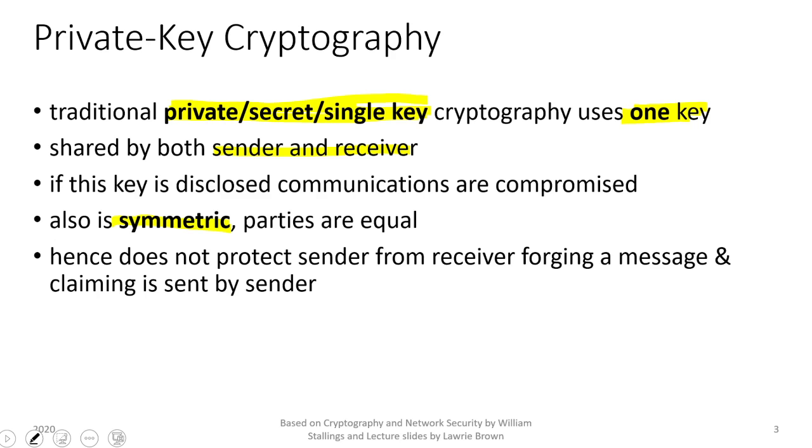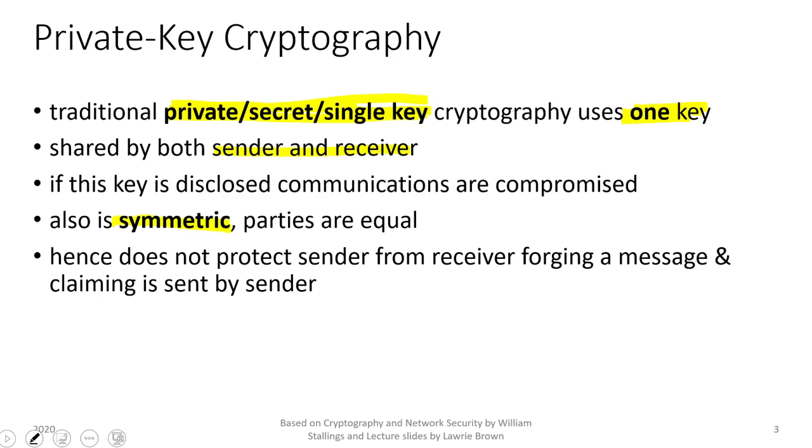One of the other problems because of that is, because both parties can encrypt using the same key, if, for example, one party takes a message and encrypts it with the key that they have and says that they received it from the other party, there's no way to determine that it was not sent by the other party.